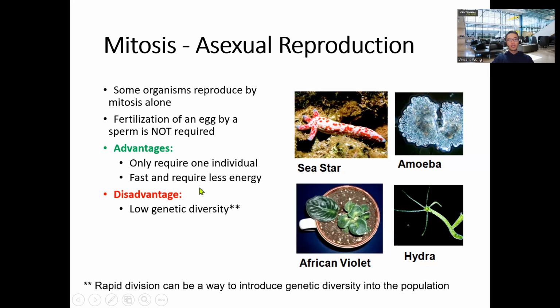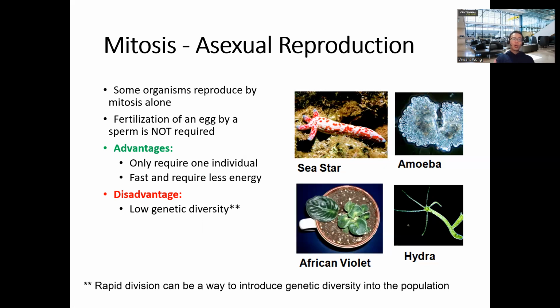Okay, so in this process, once again, there's no fertilization of an egg by a sperm, right? You only need one individual. The disadvantage is low genetic diversity because you're just cloning yourself, right? Every single sea star that came from the original one will be identical copies of itself.